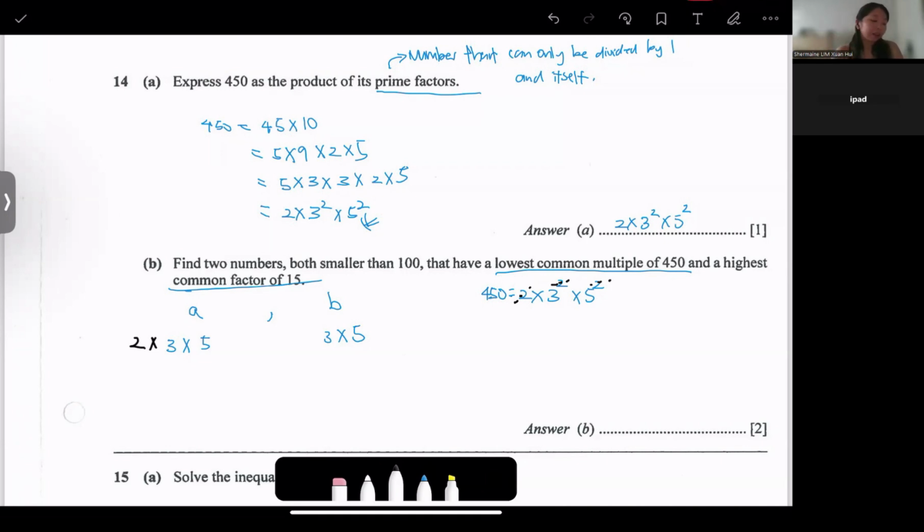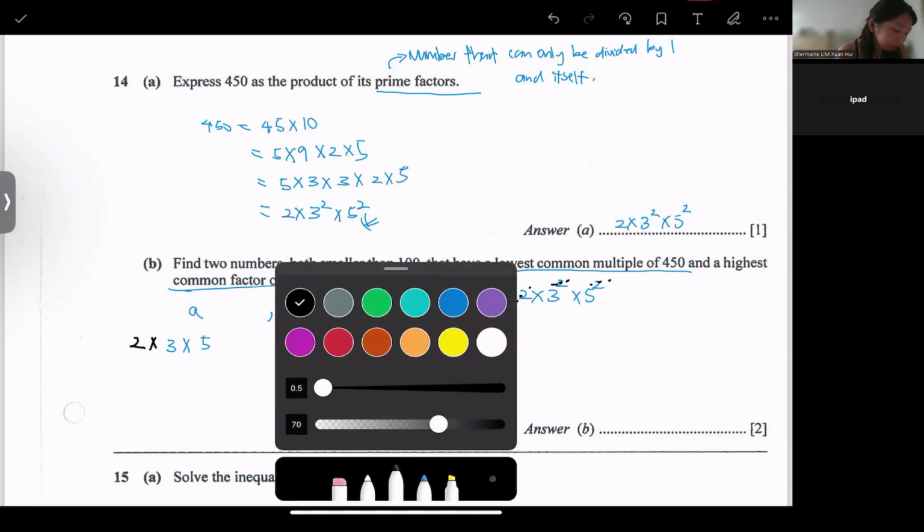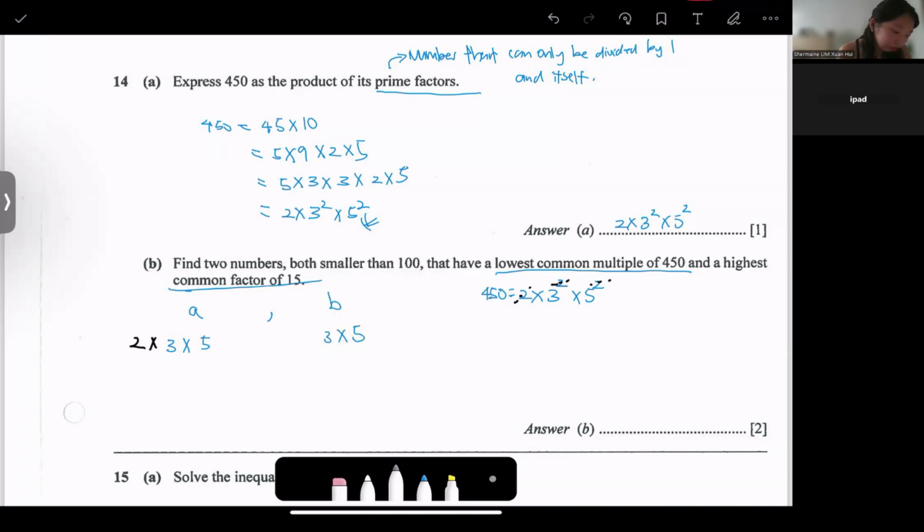We can either allocate 3 and 5 both to, let's say, A, but this would make A too big. Okay, so what do I mean? Okay, if we allocated 3 and 5 both to here, then the number would just be 2 times 3 times 5, which is equals to 150, which doesn't make sense.